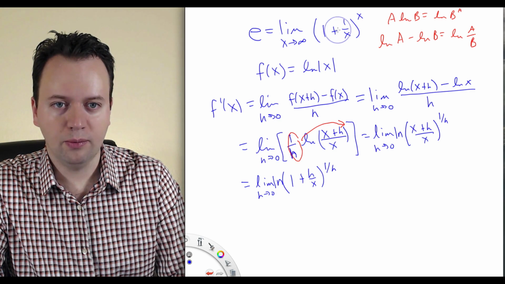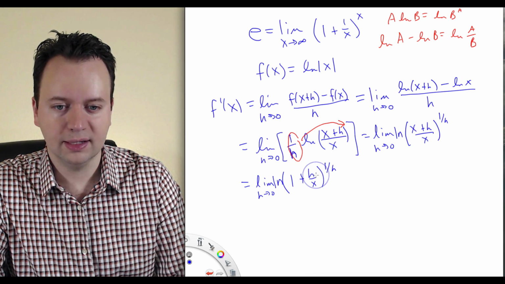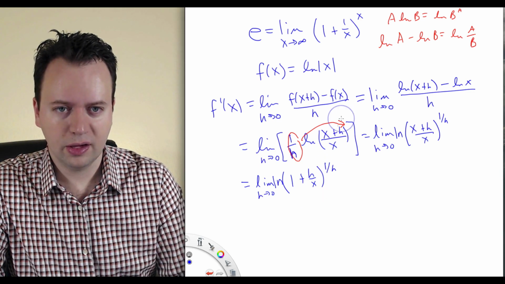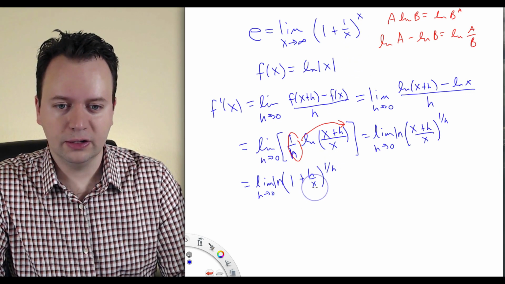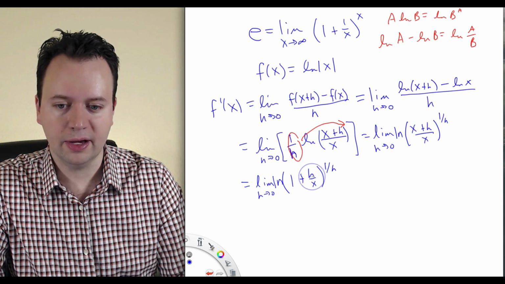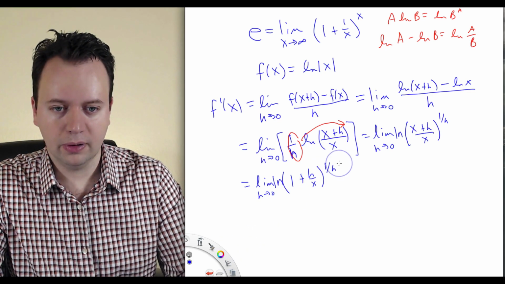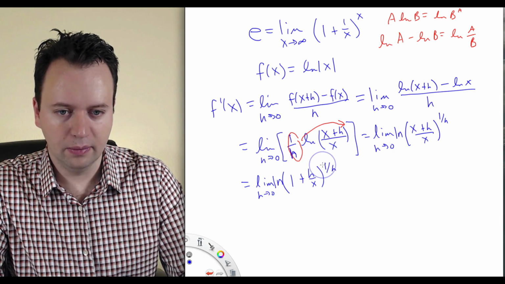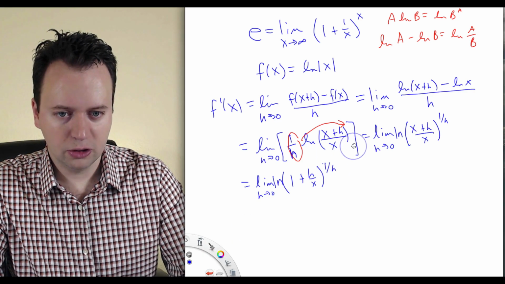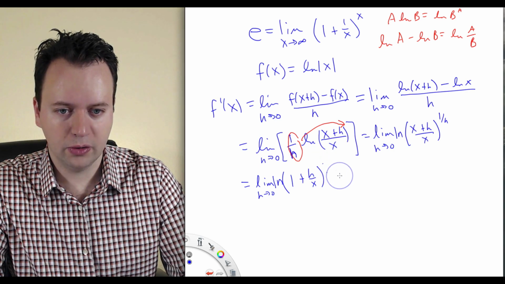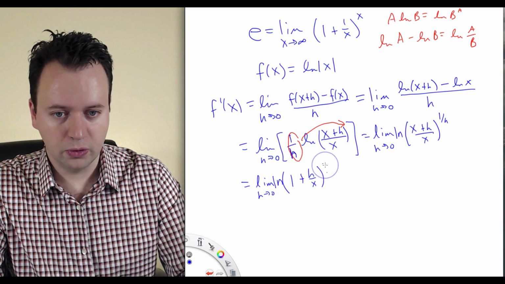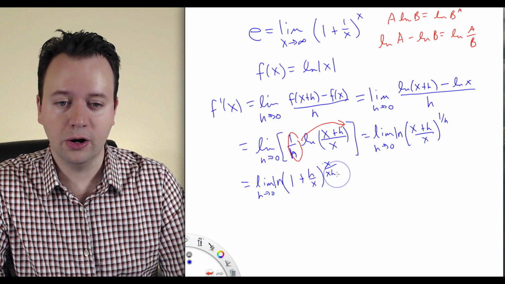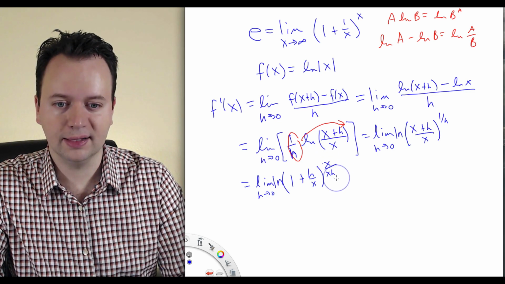If we have 1 plus 1 over x, here we have 1 plus h over x. So we can think that the x up here is related to x over h down here. And since we just have 1 over h, we can change that 1 over h in the exponent to x over xh. 1 over h is the same as x over xh.